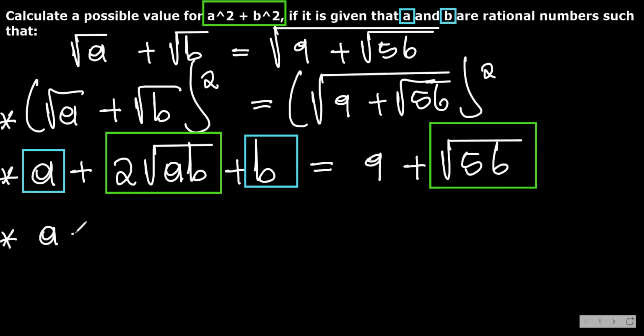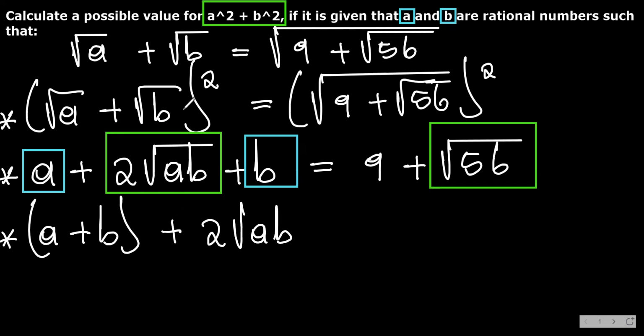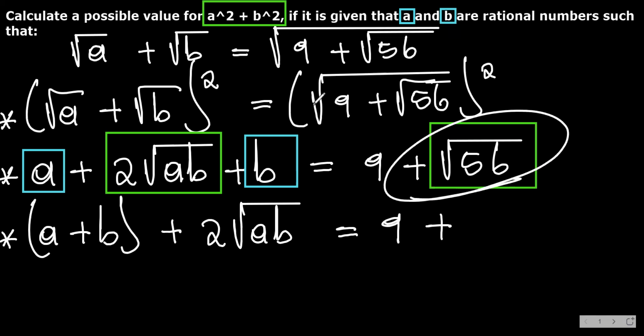So this means a plus b must be taken and put as a group, and then here we have 2 square root ab. On the right-hand side, we are just going to have 9 plus, let's go to the square root of 56 here.